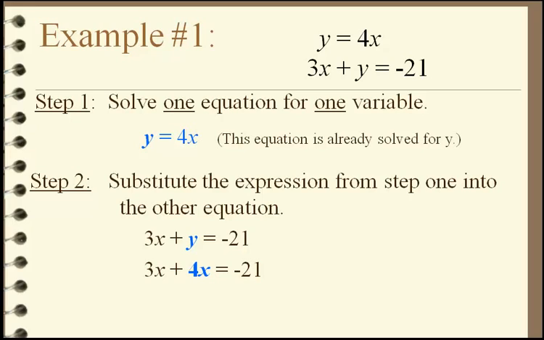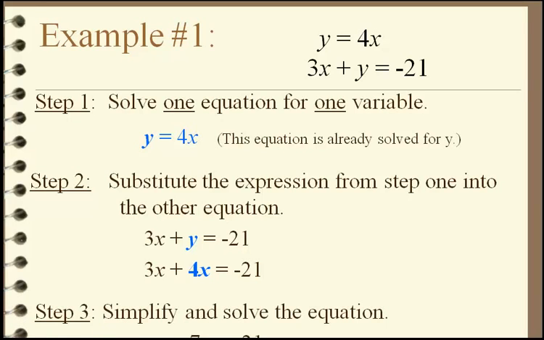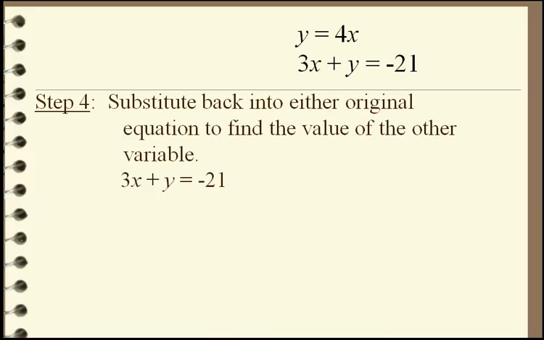Now I have in my equation the same variables, combining like terms and solving for x. X equals negative 3. Step 4 is to substitute back into either one of the original equations. Obviously, the y equals 4x will be easier, but what if we want to use the other one, okay?